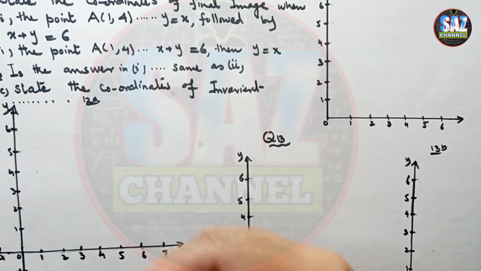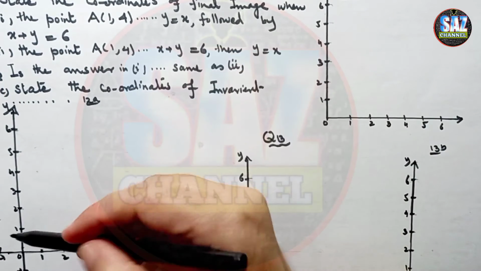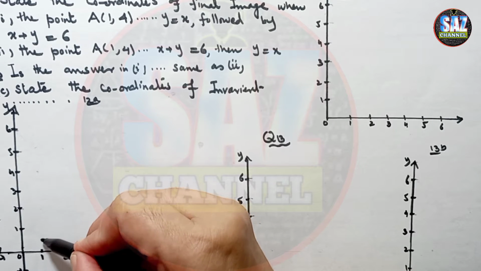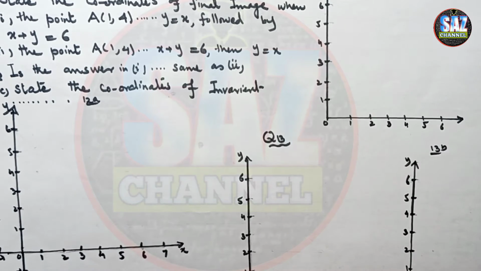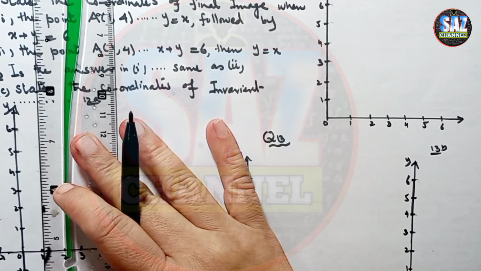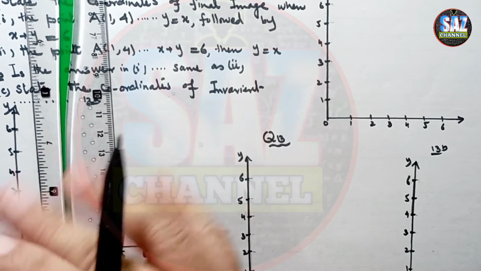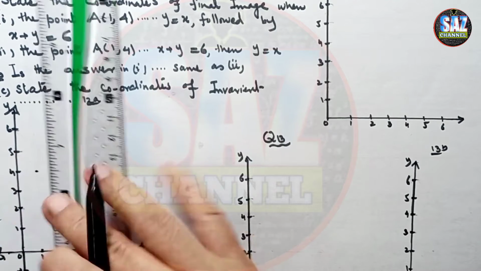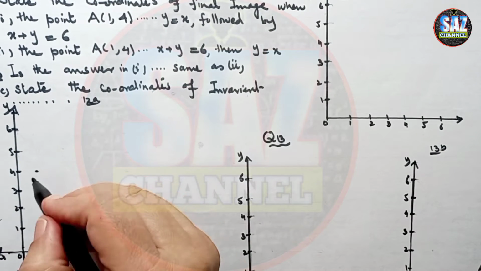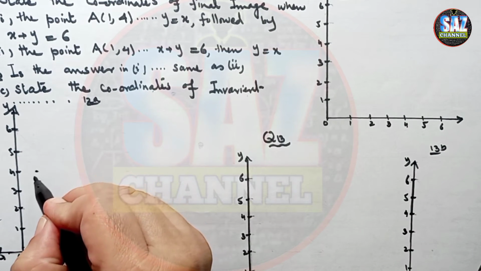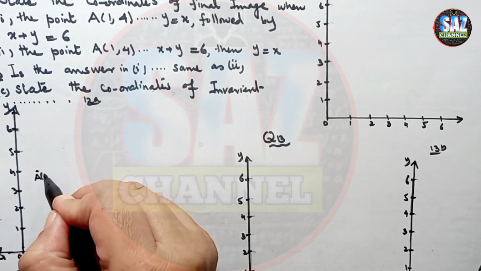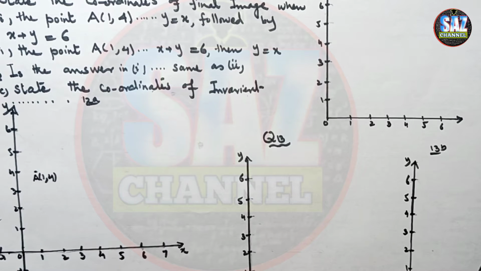Now I have to mark the point A(1,4), meaning x value is 1 and y value is 4. So I have to mark the point carefully on the graph. This is the place for A(1,4).